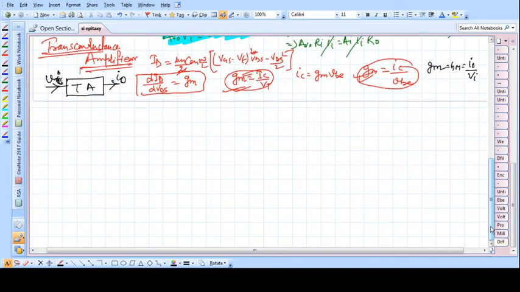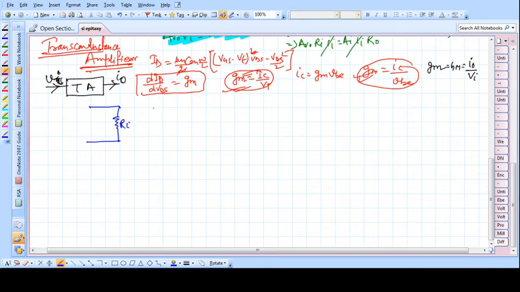First we make the Ri, and then this one is the transconductance amplifier, so Gm Vi, it should be a current source. We write Gm Vi, and this one is the current, so make it a Norton type of diagram.